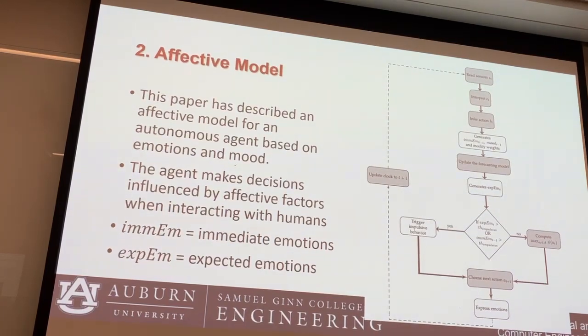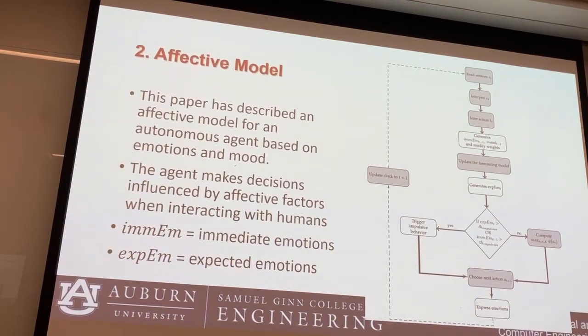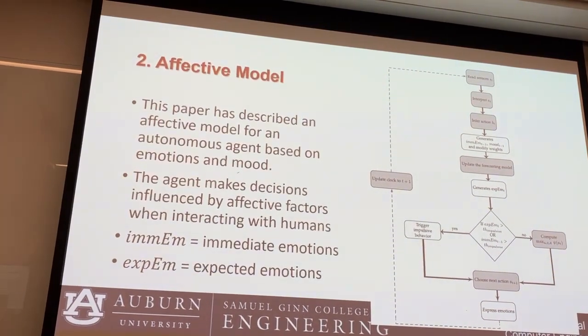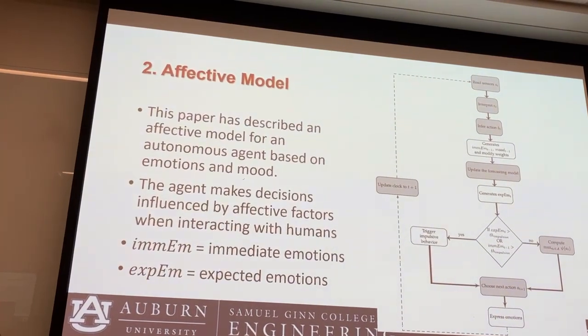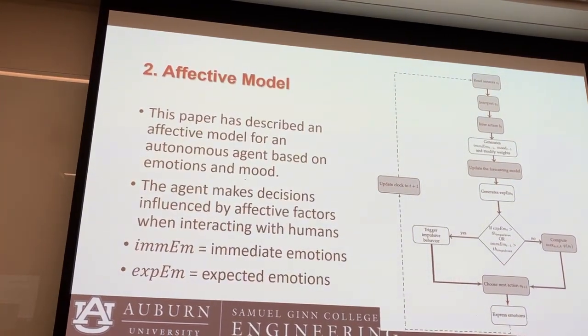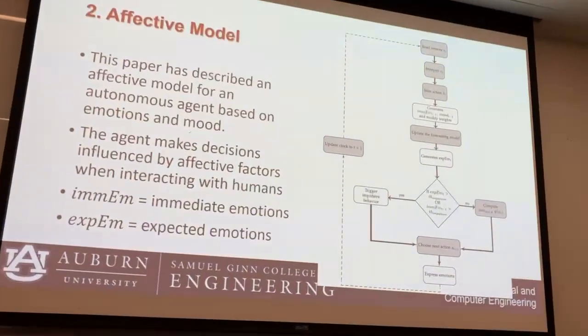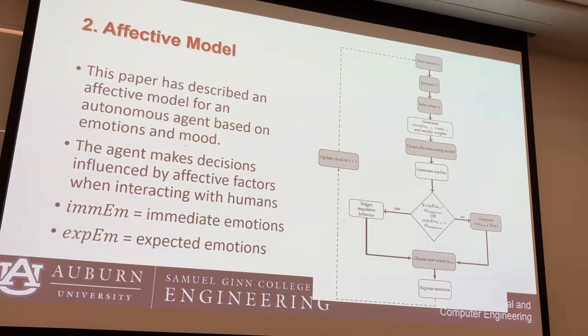Then it updates the forecasting model and generates the expected emotion. If the expected emotion and immediate emotion difference is larger, or the immediate emotion is larger than the impulsive threshold, it will trigger the impulsive behavior. But if not, it will compute the maximum expected action.